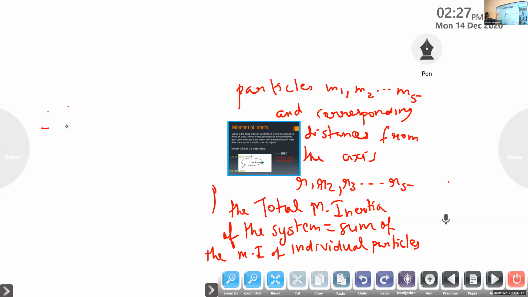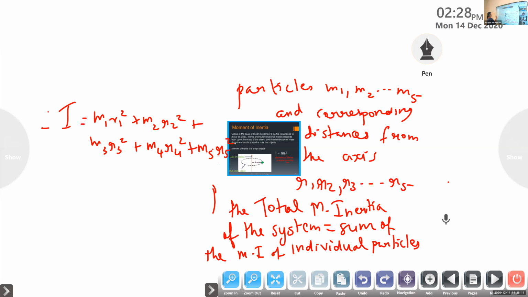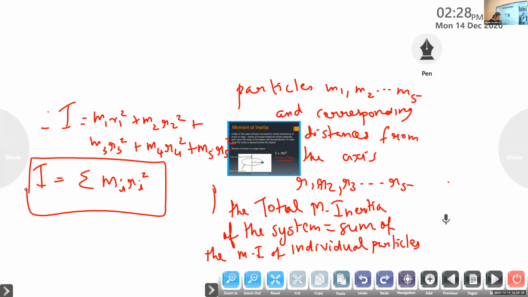Thus, moment of inertia I is equal to M1 R1 squared plus M2 R2 squared plus M3 R3 squared plus M4 R4 squared plus M5 R5 squared. That means sigma Mi Ri squared. We can write it as the summation, sigma Mi Ri squared.